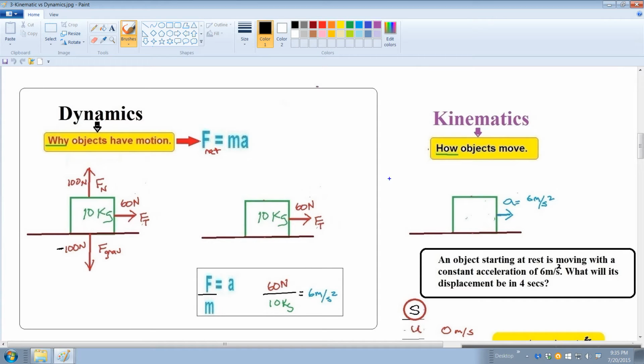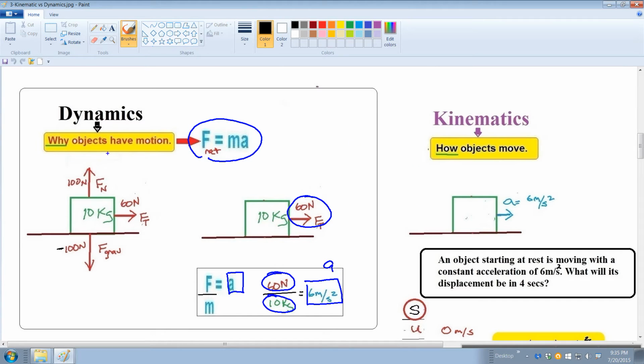Let's take this information, 60 newtons to the right, and rearrange our F equals ma equation. We put our 60 newtons in, divide by the mass of the object, and we find that the acceleration on this 10 kilogram object, which is constant because it's a constant tension force, is 6 meters per second squared. So now we have the acceleration.